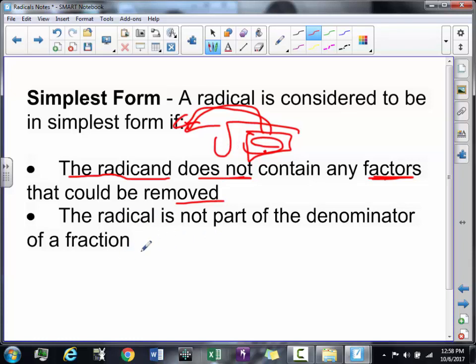You actually cannot have a radical in the denominator of a fraction, which we haven't covered yet, but basically the rule would be that this right here is not considered simplified. Because can you guys see how there's a square root on the bottom? Okay. Now, this has not come up for you guys yet, so don't worry about the second bullet. I'm going to talk about it another day, but at least for right now, if the square root has something that can get pulled out, you need to do that.